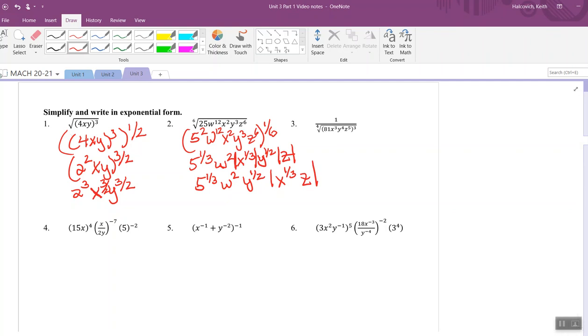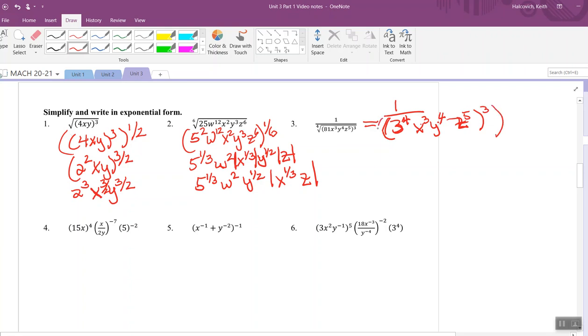Final answer. All right, so number 3, we would now have 1 over 3 to the 4th, x to the 3rd, y to the 4th, z to the 5th, y to the 4th, z to the 5th, to the 3rd, and then that whole thing to the 1/4 power.